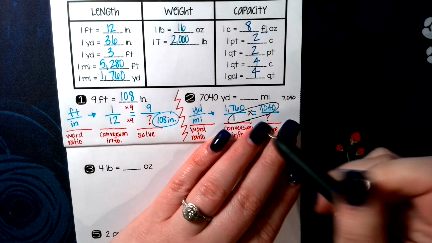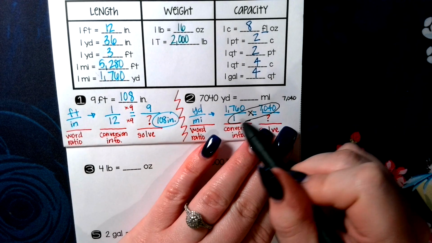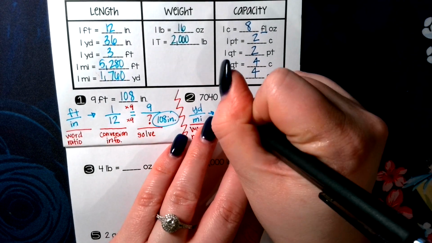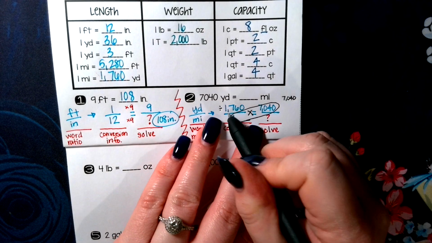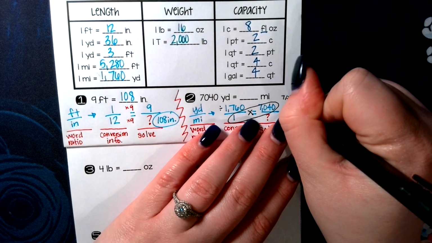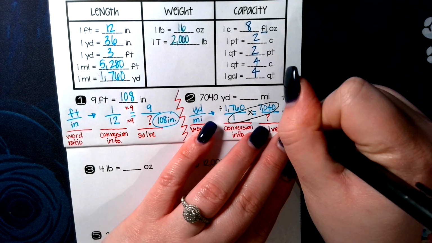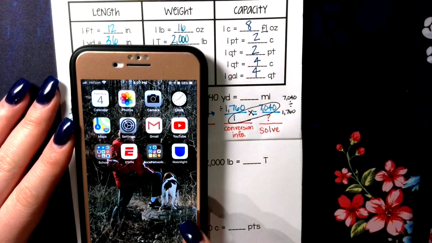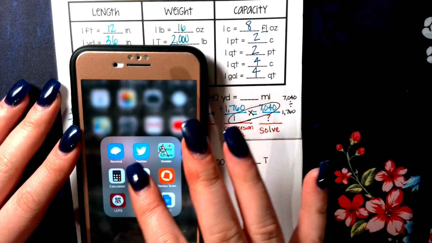After I multiply the numbers that are diagonal from each other, I then need to divide by that number that's left out. So I need to do 7,040 divided by 1,760. Don't worry, you get Desmos on this. So I'm going to go to my calculator.